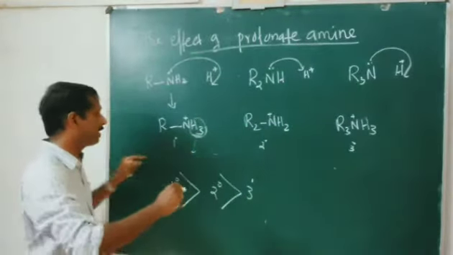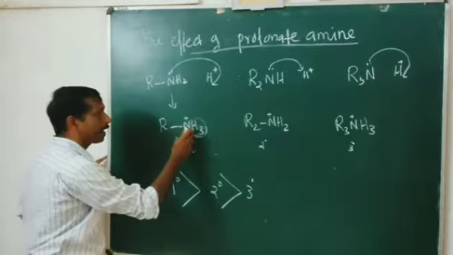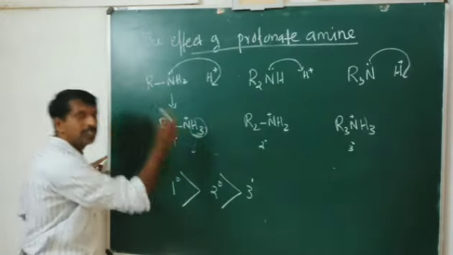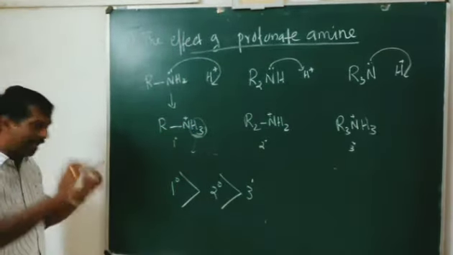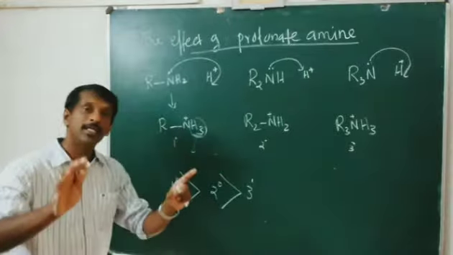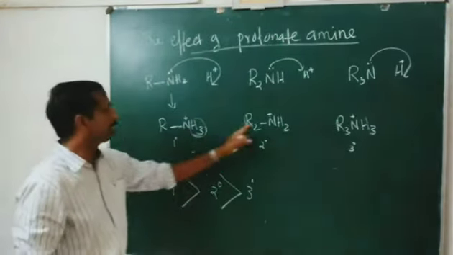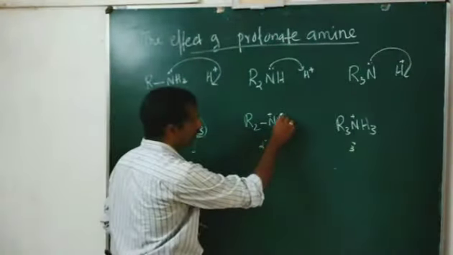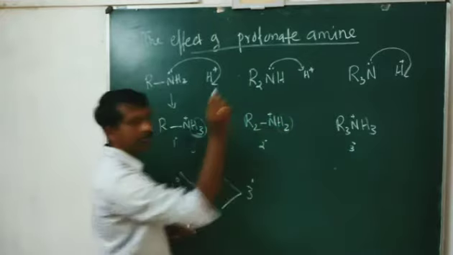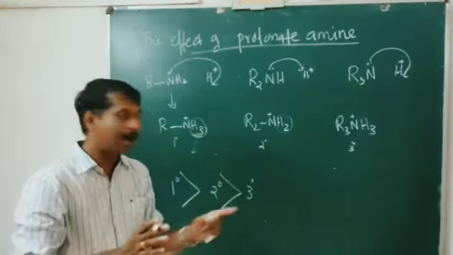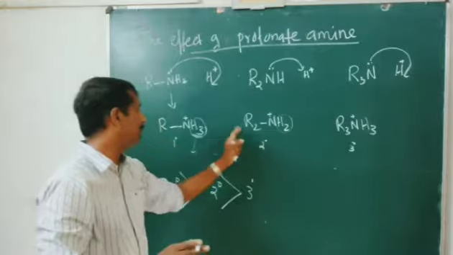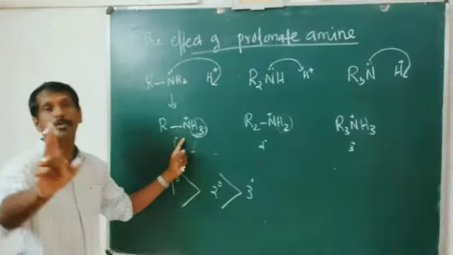So the primary protonated amine is the most stable one, and hence it is the most basic. In the secondary protonated amine there are only 2 hydrogen atoms, so the number of hydrogen bonds it can make is less than that of a primary protonated amine.